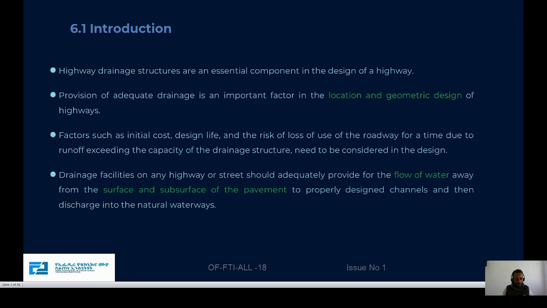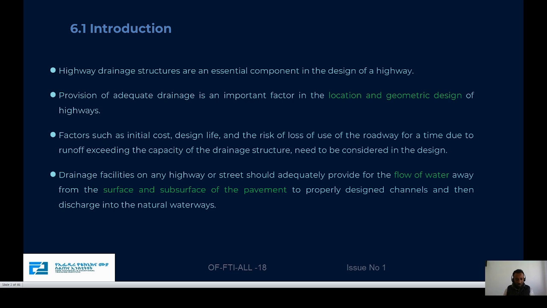There are many factors related to the drainage structures. The first is the initial cost, the design life, the risk of loss, and use of the roadway for a time due to runoff exceeding the capacity of the drainage structures. The capacity of the drainage structures should be high enough to accommodate the incoming surface as well as subsurface drainage systems.